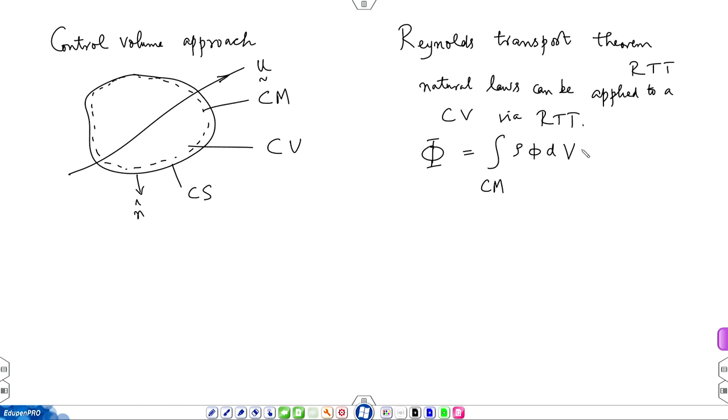What is it for the first law of thermodynamics? Energy. So, this capital phi is to be linked to the natural laws, and of course, if you think of second law of thermodynamics, it will become entropy.